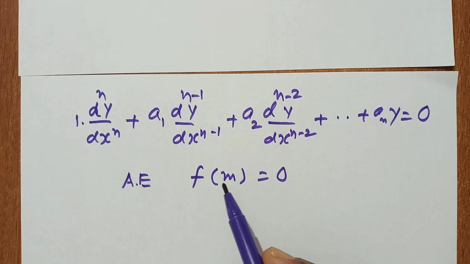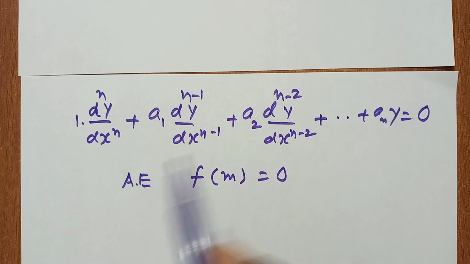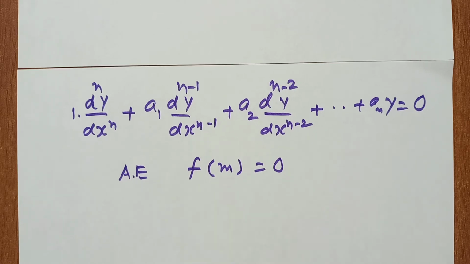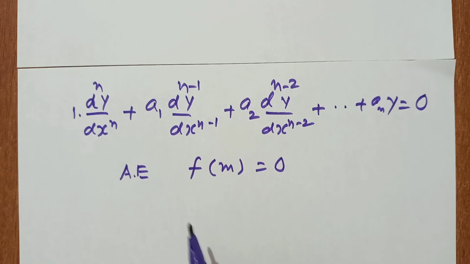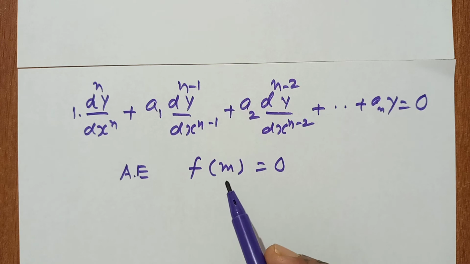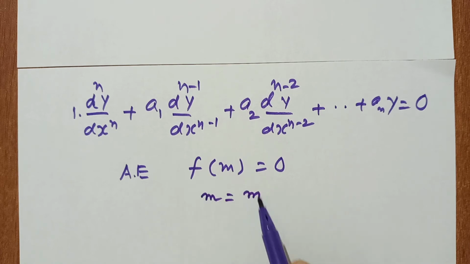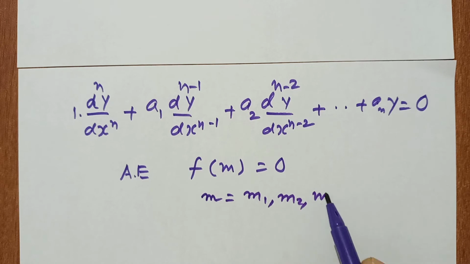So this depends on the order. The maximum order in your syllabus, like BSc second year class, is 4, so you will study equations up to degree 4. That means f of m equal to 0 has degree 4, so we can solve it and get the values m1, m2, m3, m4.